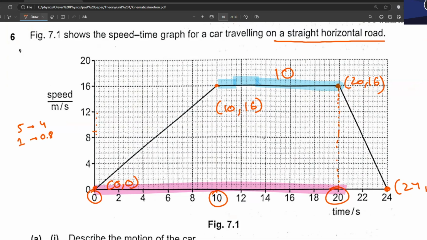So this becomes 8.8, this becomes 9.6, 10.4, plus 0.8, that is 11.2. So your line will be somewhere here, roughly a bit above.